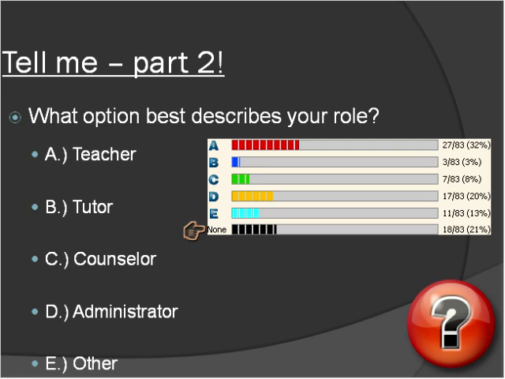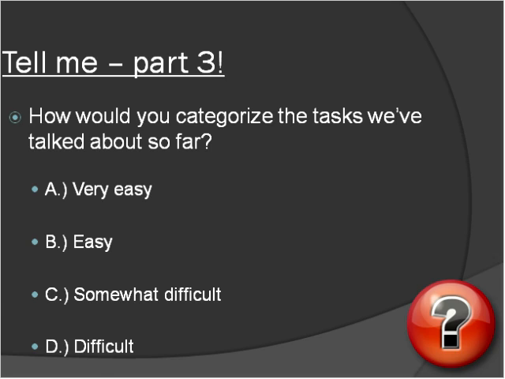Let's do one more quick polling question. What do you think about the tasks we've talked about? If you think they're very easy, click A, easy, click B, somewhat difficult, click C, or difficult, click D. And don't worry, there is no right or wrong answer.